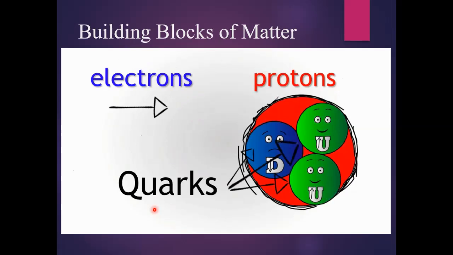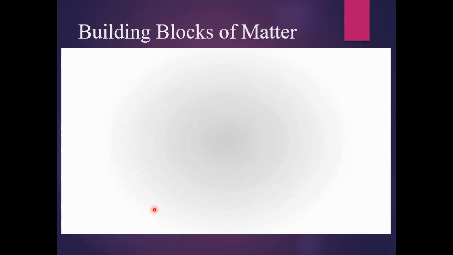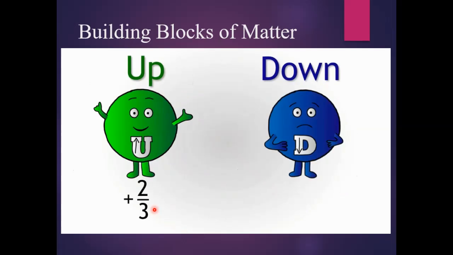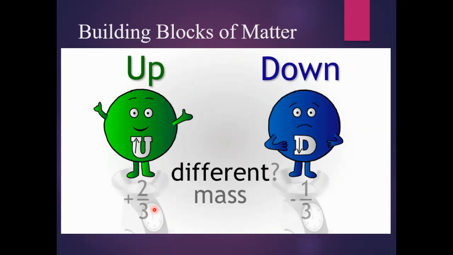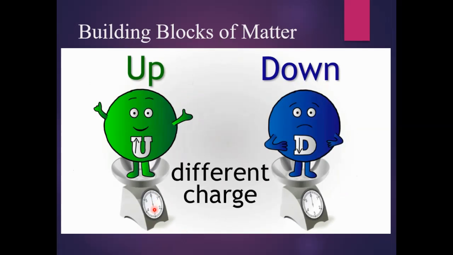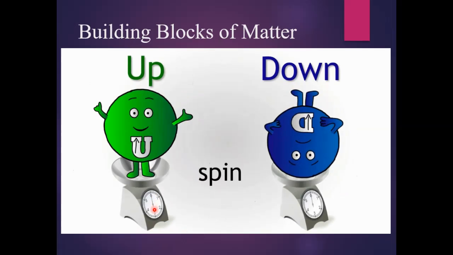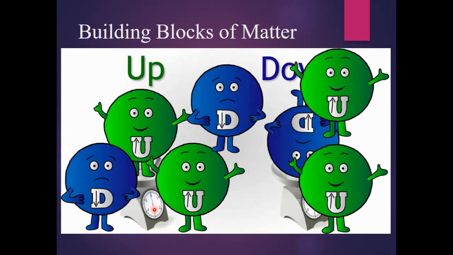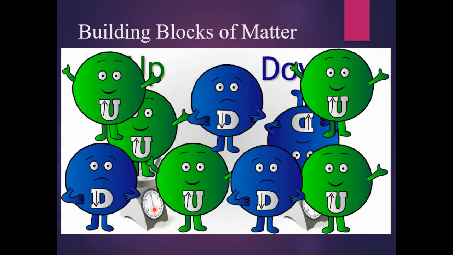At the time, there were two basic quarks: the up quark, which has a charge of plus 2/3 of the charge of an electron, and the down quark, which has a charge of minus 1/3. How are they different? They have different masses, as well as charge, and another property called spin. The up and the down quarks are the most common and least massive.